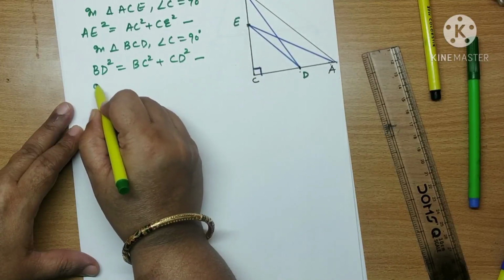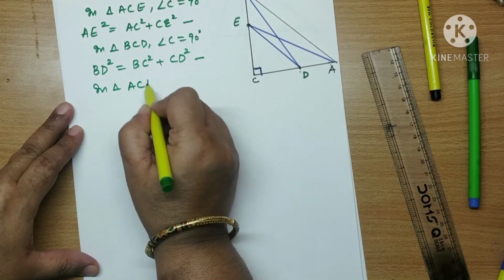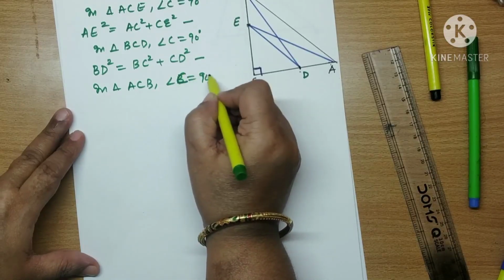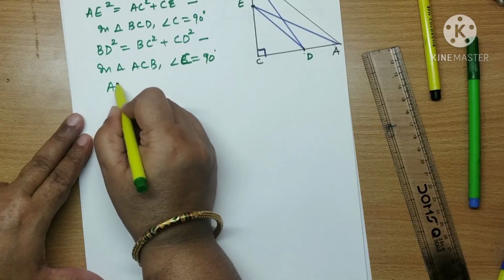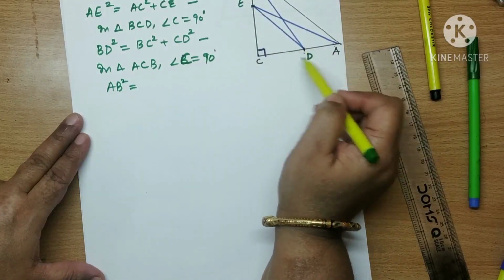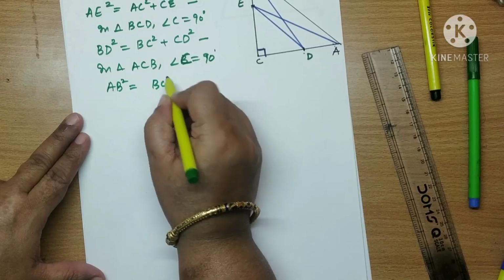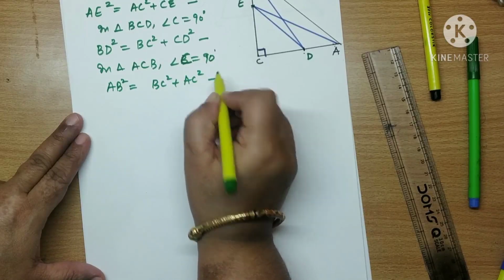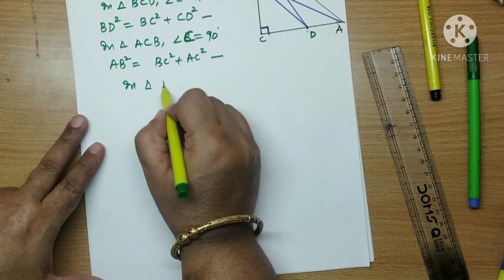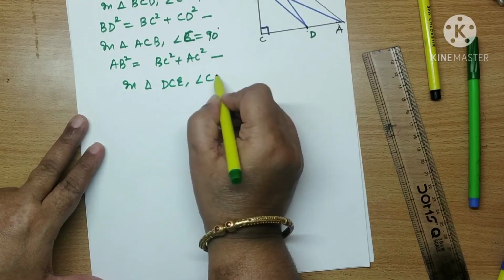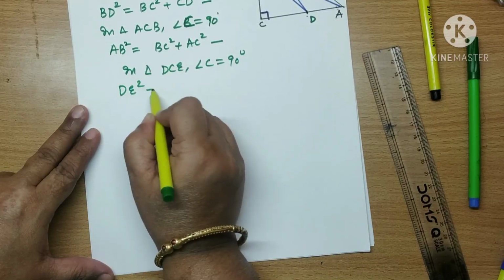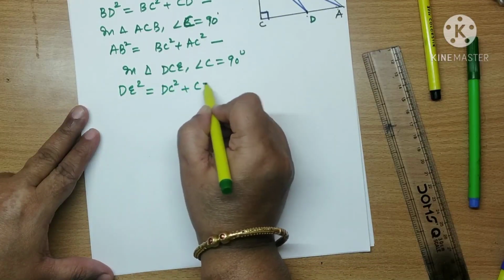Let us write down: in triangle ACB, angle C is 90, which gives me AB square is equal to BC square plus AC square. Then DE is also a hypotenuse. So in triangle DCE, angle C is 90, which gives me DE square is equal to DC square plus CE square.